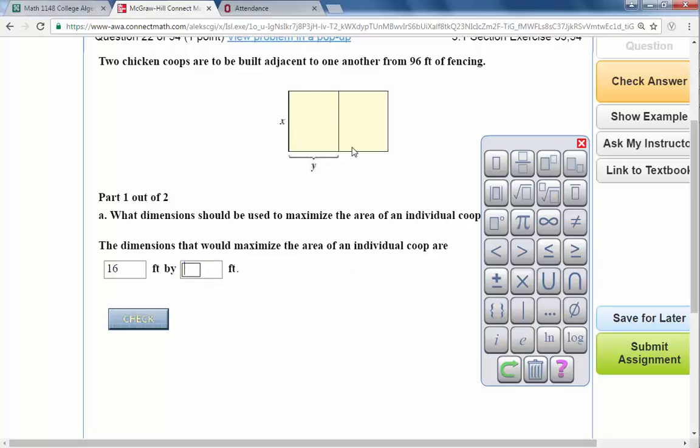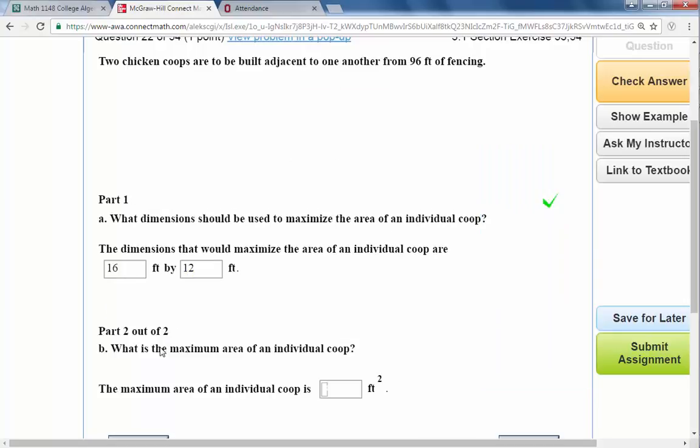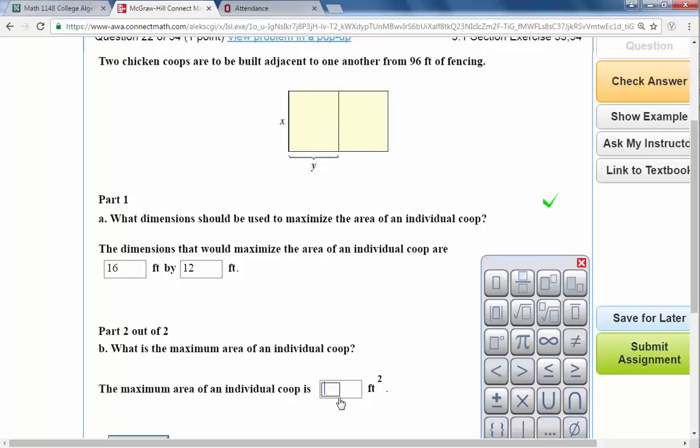Does it mean each part though? It should be 12, I believe, because they are asking only about one coop. If not, I can switch it. No, we're right. Good. All right, 384. Oh, it's saying again, each coop. So we need to take half of the amount we got.